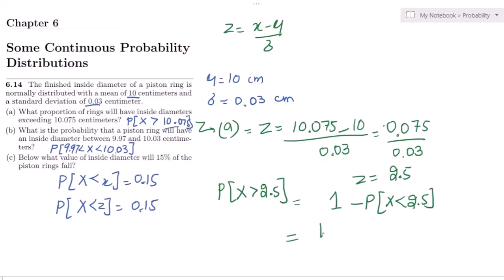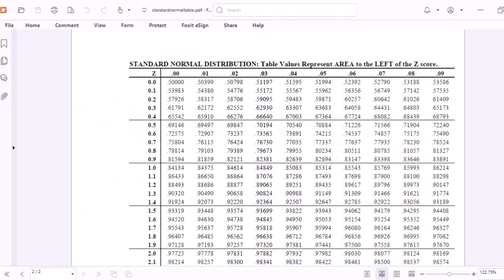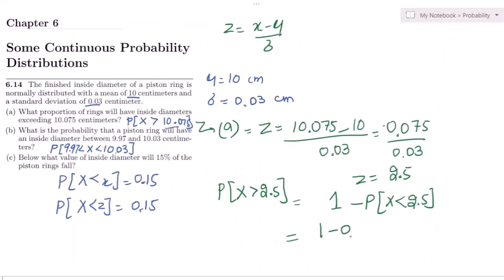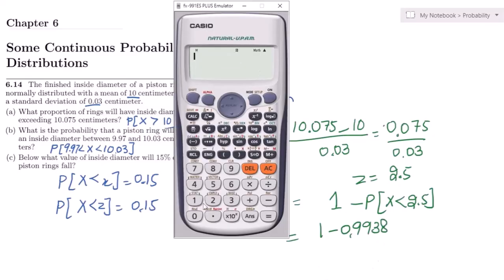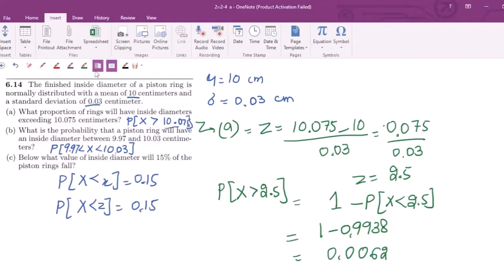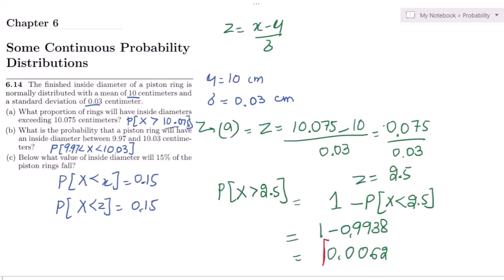In the z distribution table, at 2.5 the answer is 0.9938. Subtracting it from 1 gives 1 minus 0.9938, which is 0.0062, and that is the solution of part A.